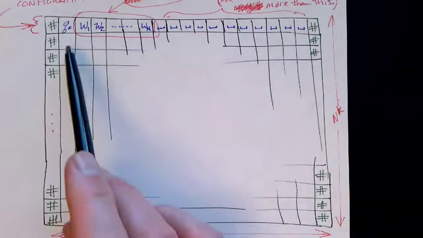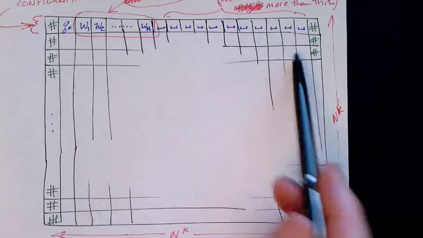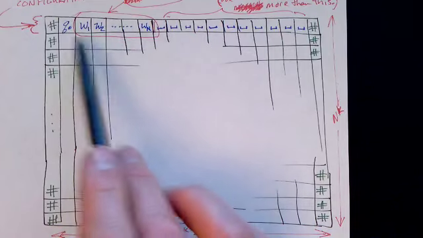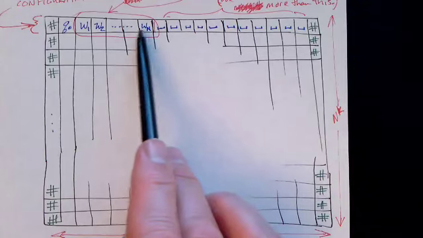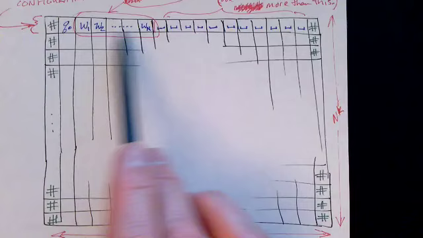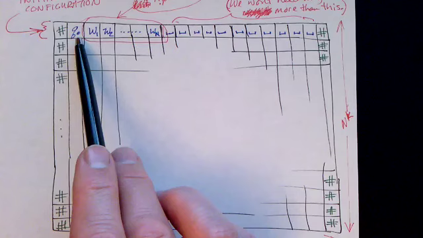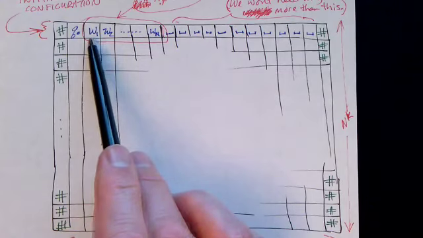And every row in this table will contain a configuration, which consists of the contents of the tape plus the current state. And the current state will be embedded somewhere in this row. The initial configuration will have the state being the initial state, and it'll be at the very left end of the tape, indicating that the head is on the first symbol of the input.